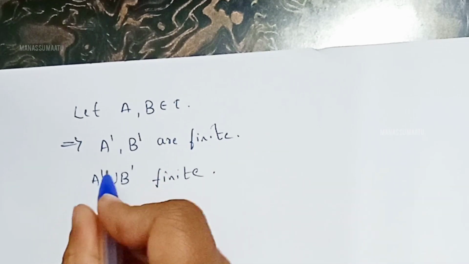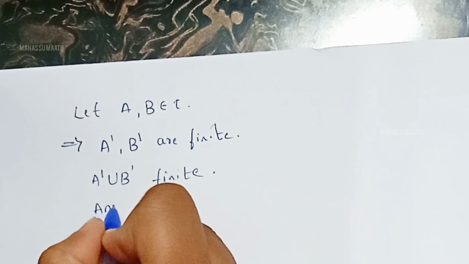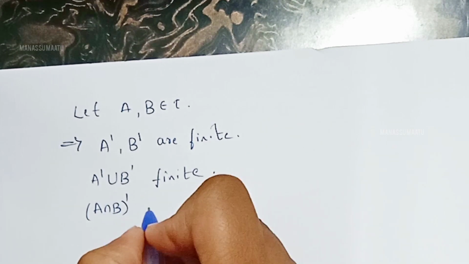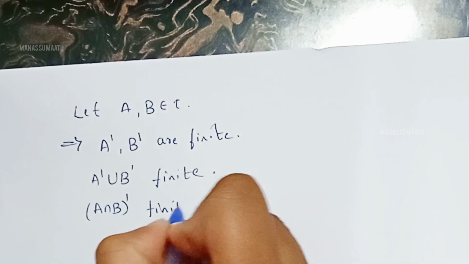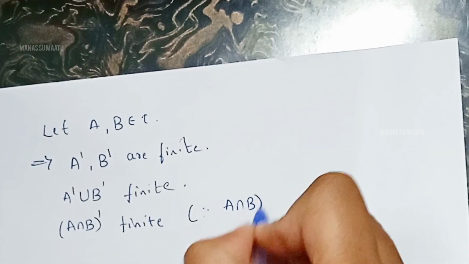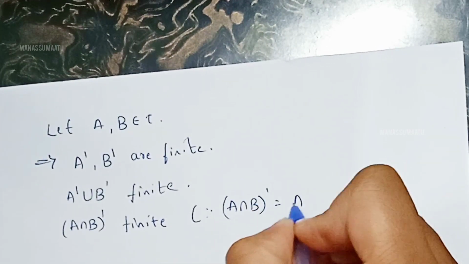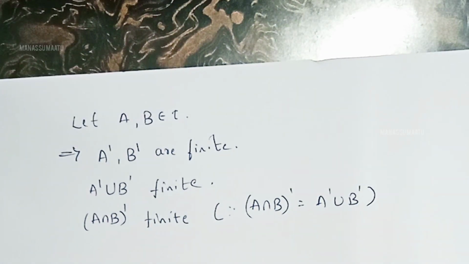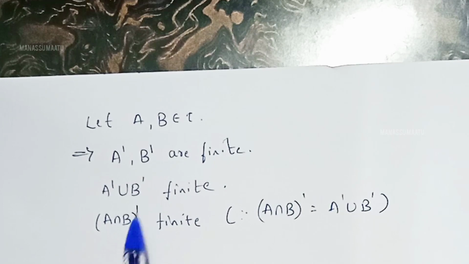We can write A dash union B dash as A intersection B the whole dash complement. A intersection B complement became finite because by De Morgan's theorem we know that A intersection B complement is nothing but A complement union B complement. So we got to know A intersection B whole dash is finite.